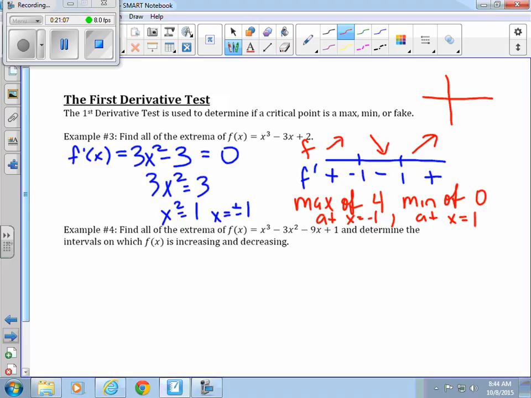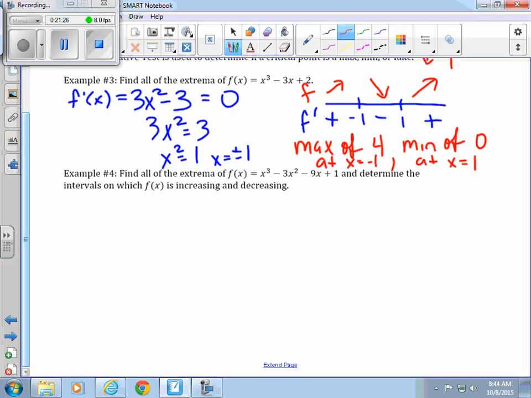I know at 1, 0, I have a minimum. At negative 1, 4, I have a maximum. I have a pretty good idea of what this cubic looks like, and I don't have a calculator, so that's pretty cool stuff. Any questions on that one?